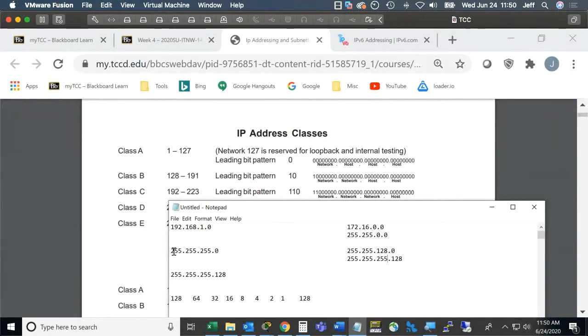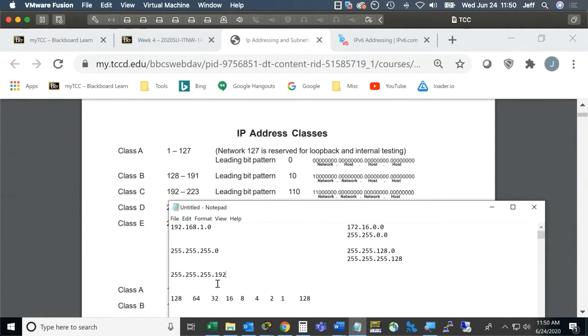Right. And so then in here with the 192.168.1.0, we start with the default mask of 255.255.255.0, and we have 8 bits left. If we borrow 1, it's 255.255.255.128. If we borrow 2, then it's 192 because we take 128 plus 64, right?